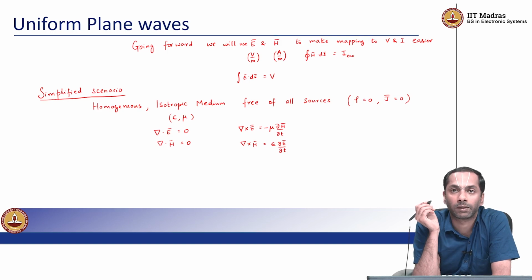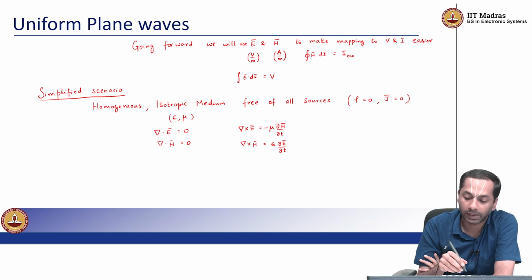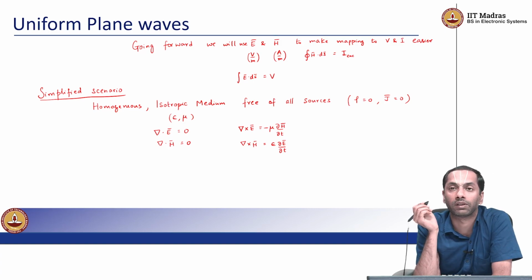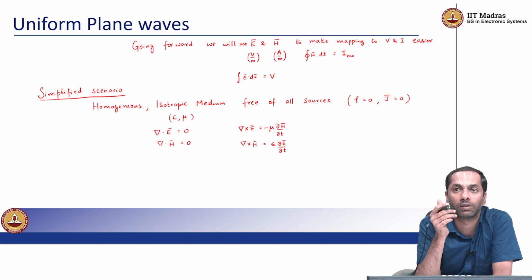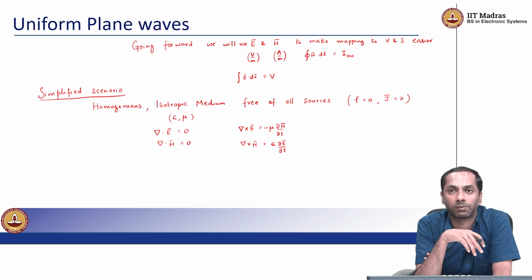So there's something that I perhaps missed pointing out, which is all these equations that you see in front of you in this simplified scenario are homogeneous, right, which means to say that if I were to pull all the variables and its derivatives to one side of the equation, I do not have any free constants left on the right hand side, right. Do not get confused with the homogeneous medium.